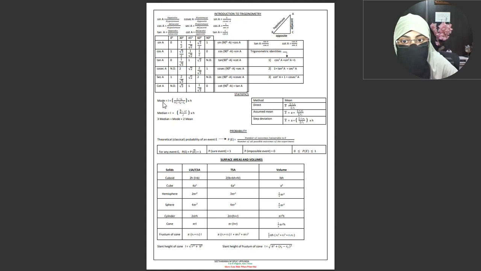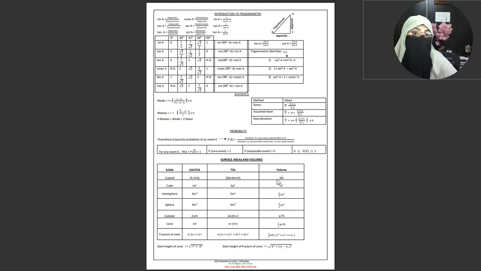Then statistics, how to find the mode and median. Then probability, how you will find the number of outcomes, the number of possible outcomes of the experiment. There are some short questions from probability which we will be discussing in the upcoming video. Then surface areas and volumes, very important.